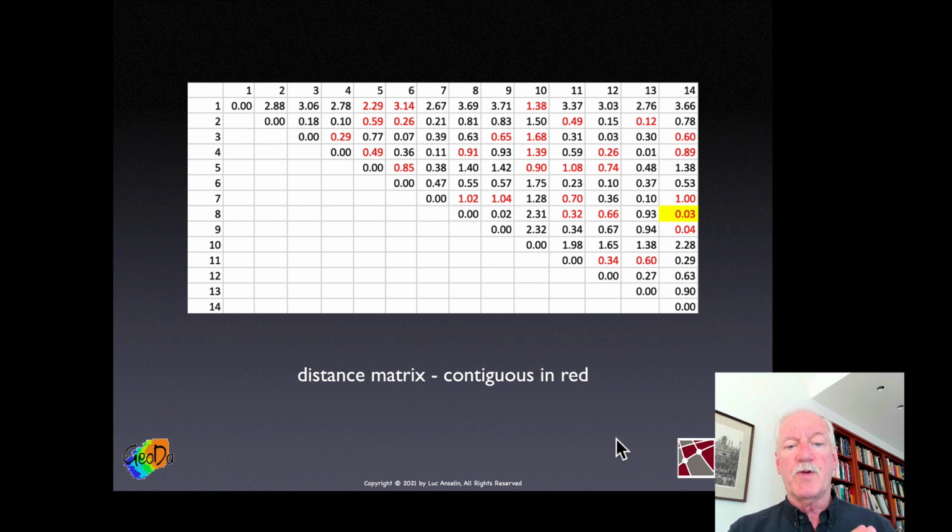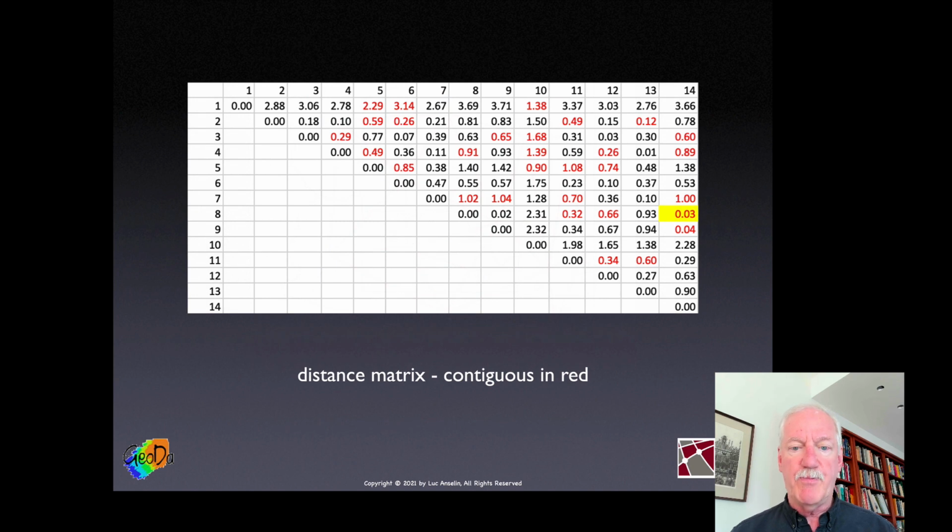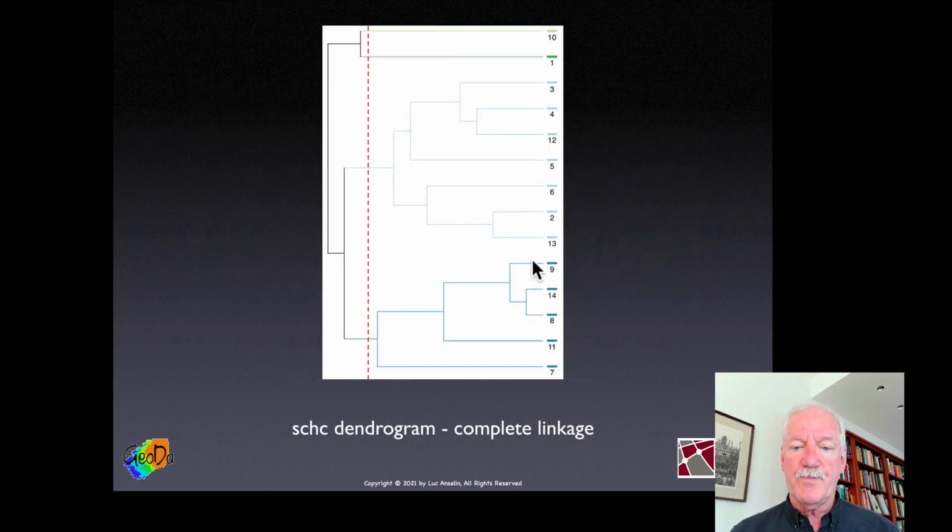So we search over the red ones and we find the two that are closest together, and this happens to be 8 and 14. Closest together in terms of the variable distance, and also in terms of satisfying the contiguity constraint. So then we put 8 and 14 together, and then we continue in the usual fashion.